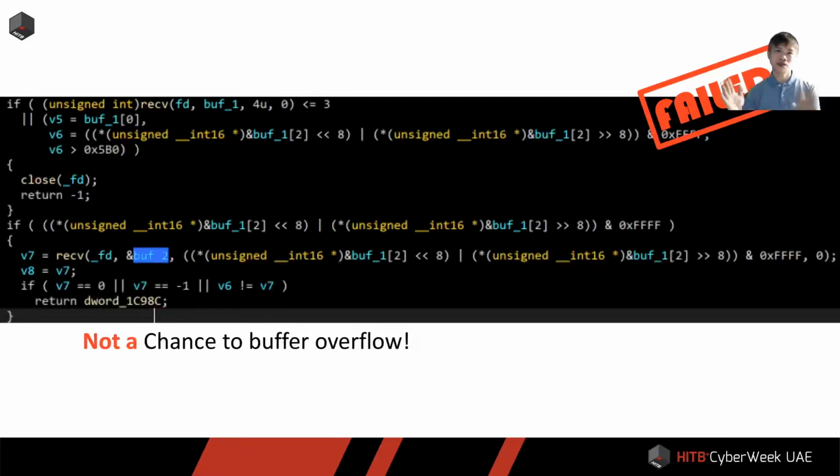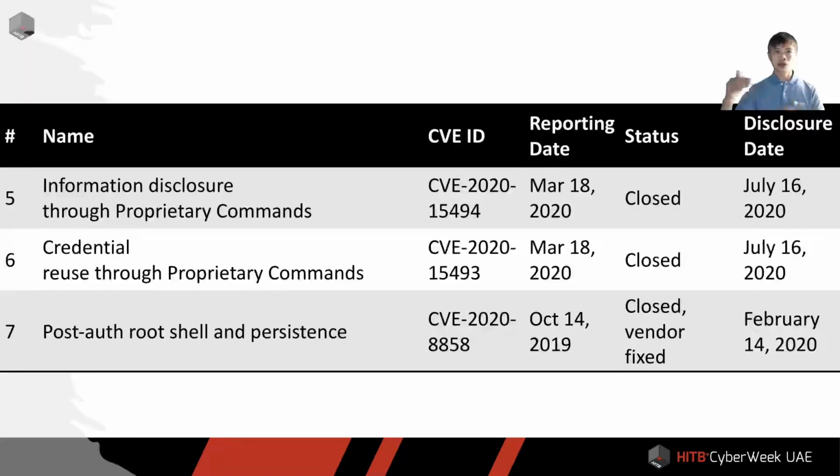It has a maximum length of something like 1,500 bytes. And after this receive, Moxa is also testing the length of the UDP packet. So there's no chance to run a buffer overflow on it. Better luck next time. So all in all, this is a summary of the vulnerabilities that we have identified.